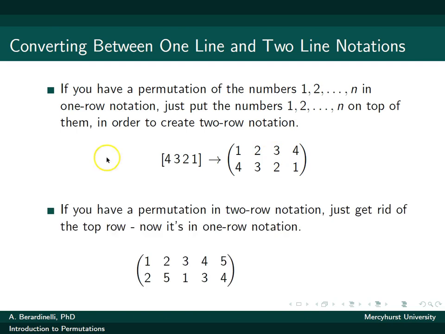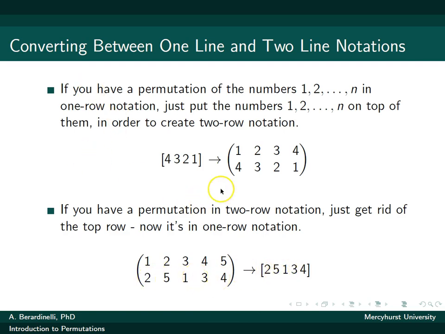If I want to go in the other direction, if I start with something in two-row notation and I want to write it in one-row notation, well, one-row notation is just the bottom row. So I chop off the top, and this two-row notation permutation becomes 2, 5, 1, 3, 4 in one-row notation because you just take the bottom row.